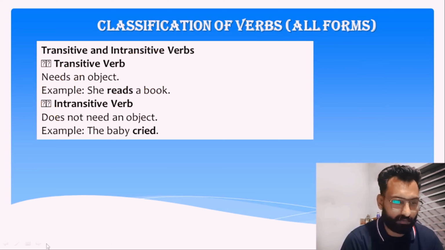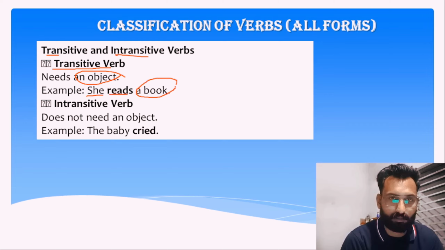Third type of verbs, if we classify them, is transitive and intransitive verbs. If we talk about transitive verb form, it needs an object. You can clearly keep in mind an object is demanded by transitive verbs. For example, she reads. What does she read? She reads a book.